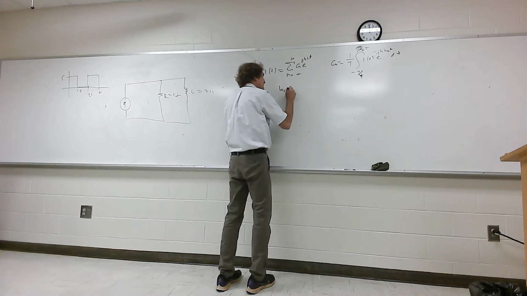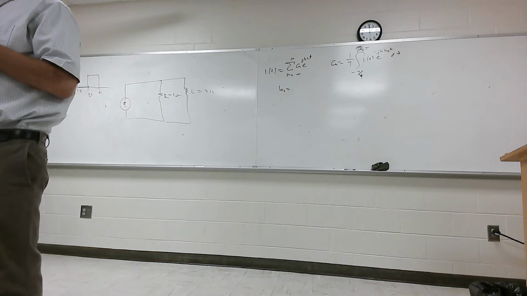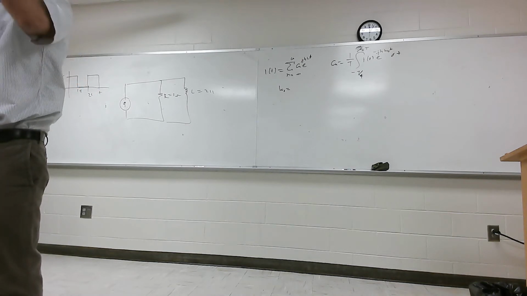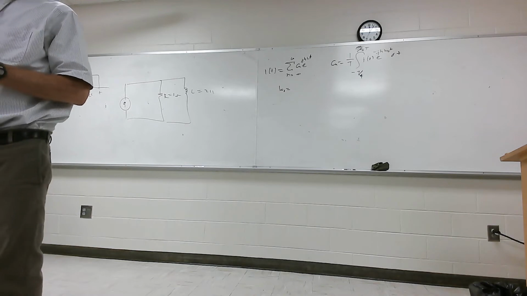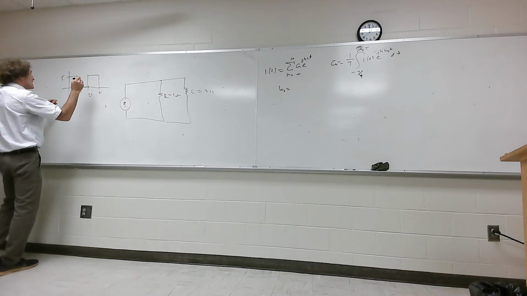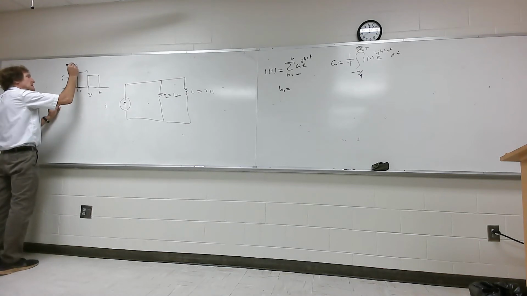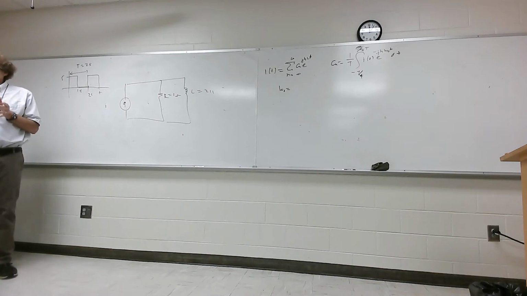Let me cover it point by point, since some people might not know. How do I get omega naught? It's 2 pi times the fundamental frequency. The better question is, how do I get the fundamental frequency? What is T in this one? 2 seconds. So T is equal to 2 seconds, just by observation. It wasn't stated explicitly.